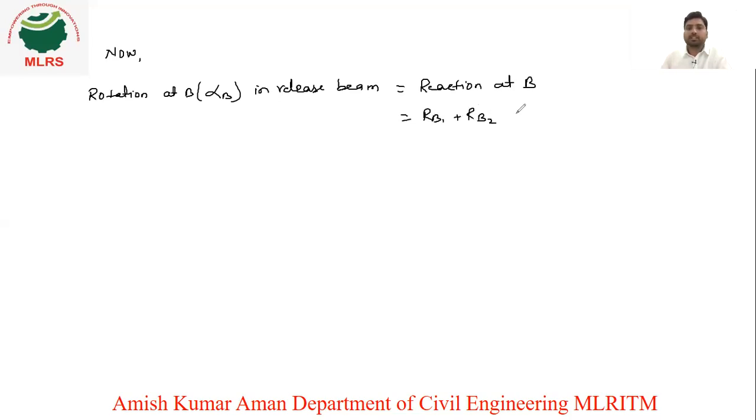Already we have calculated this RB1 and RB2 value. If you add that, you will get 4.667 upon EI, right? In conjugate beam. Here I just missed writing conjugate beam, because we have calculated this RB1 and RB2 from the conjugate beam only, right? So this value.